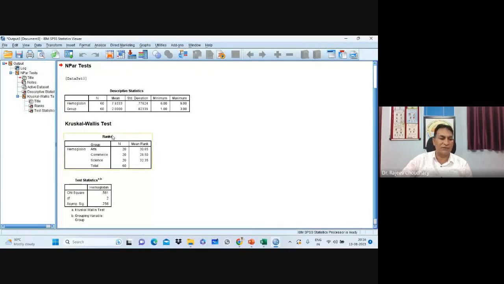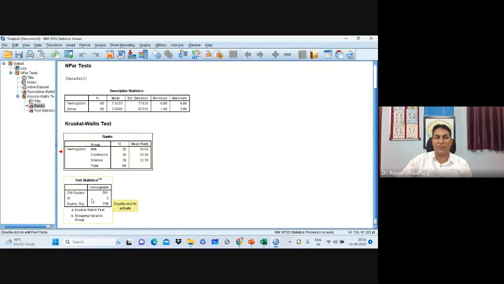See the ranks. For hemoglobin, we have 20 arts students, 20 commerce students, and 20 science students, and the mean ranks are 30.65, 28.50, and 32.35.